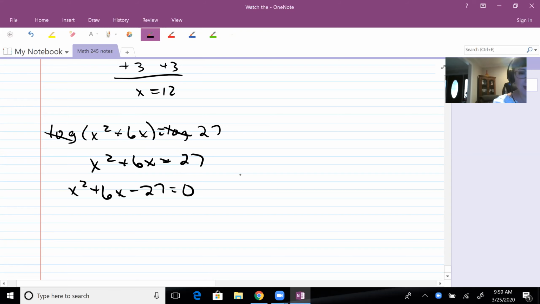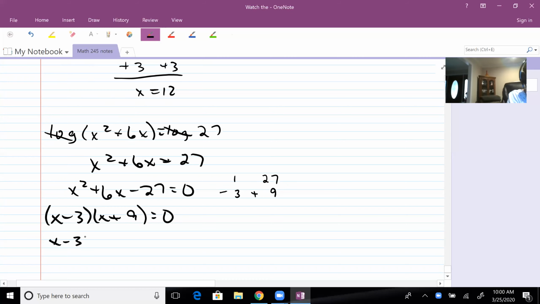When it comes to 27, I've got 1 times 27 and 3 times 9. I'm looking for something that would add or subtract to a positive 6. So the minus 3 and the plus 9 is how we can make that happen. As we set these equations equal to 0 and solve, those are the two solutions.